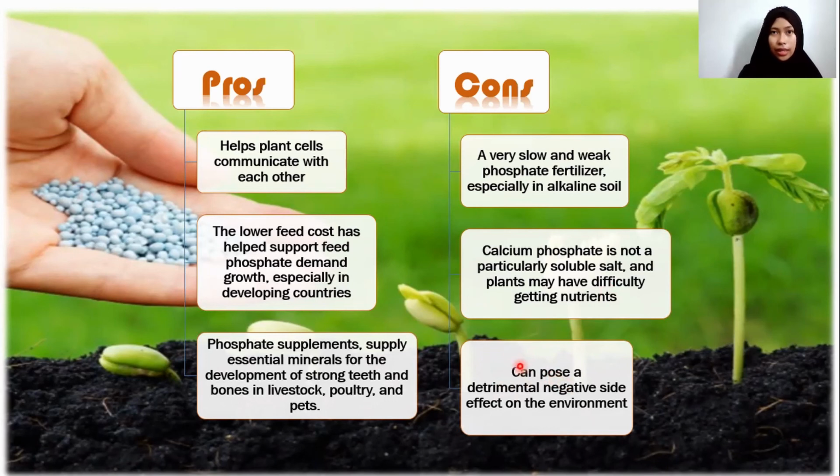And adding phosphorus through the use of fertilizer may seem like an easy solution. However, it can pose a detrimental side effect on the environment. Extra phosphorus can build up in the soil and eventually run off into the water, thus harming marine life.